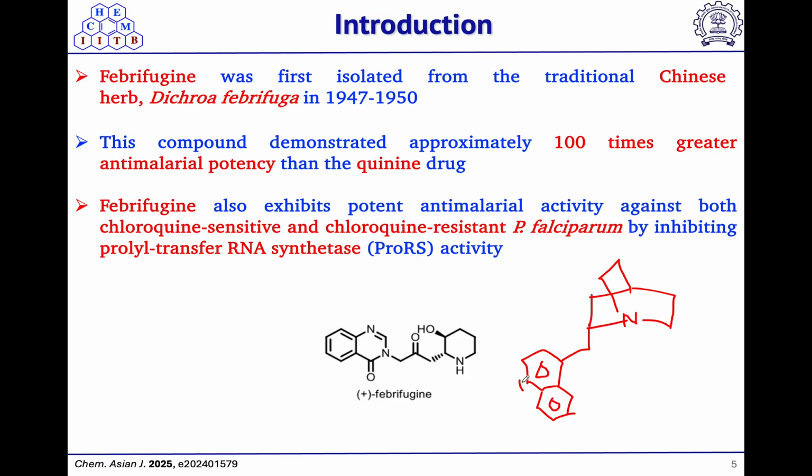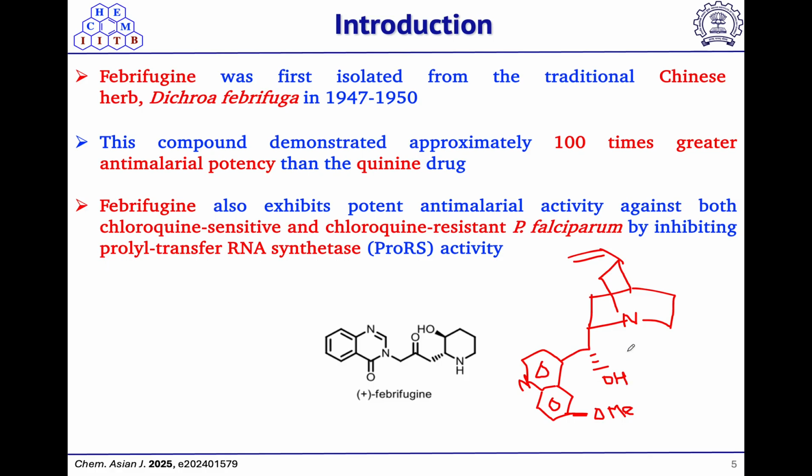Here the nitrogen will be there. This is nitrogen, and at this carbon, O-methoxy. At this carbon there is a vinyl group, and this carbon has an alpha hydroxy group. So this is quinine.